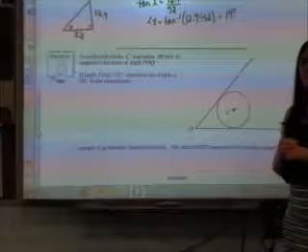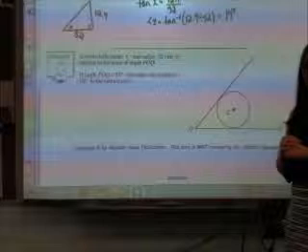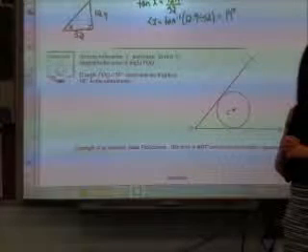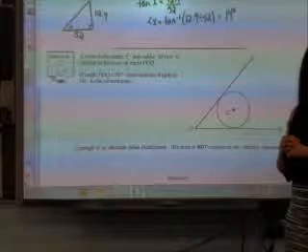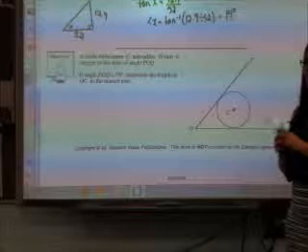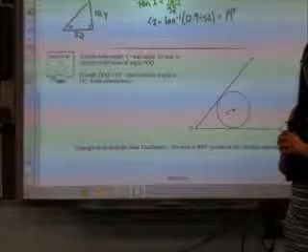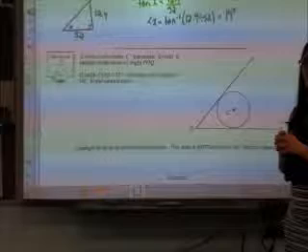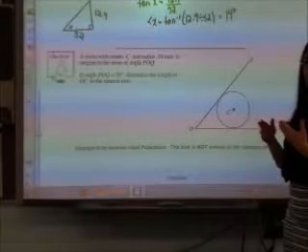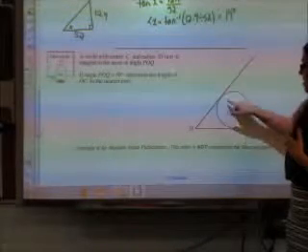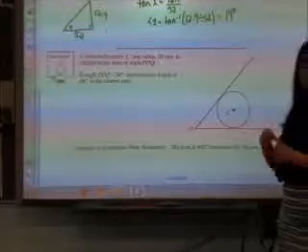What does tangent mean? Where is the tangent point? It means they meet at the circle. It's where the circle and the arm of the angle meet. So that's here and here.